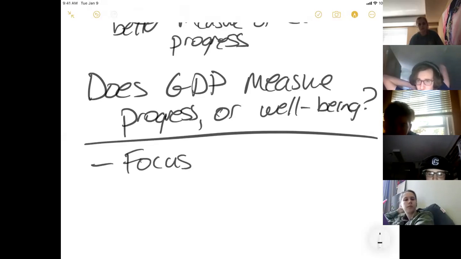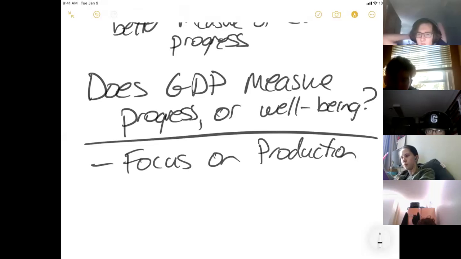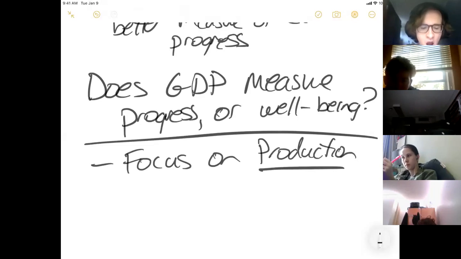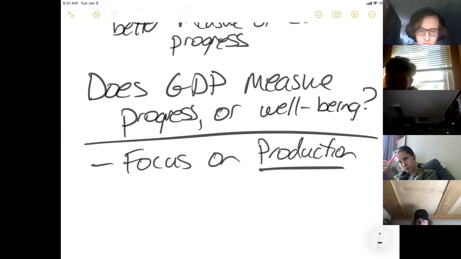As we talked about yesterday, the focus of GDP is on production. But what GDP tends to miss are things that impact well-being outside of production.